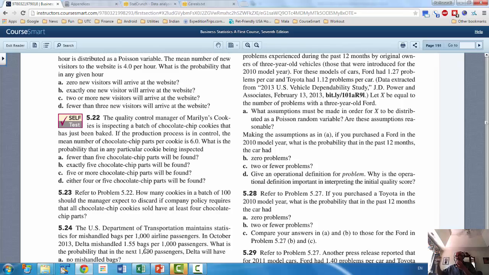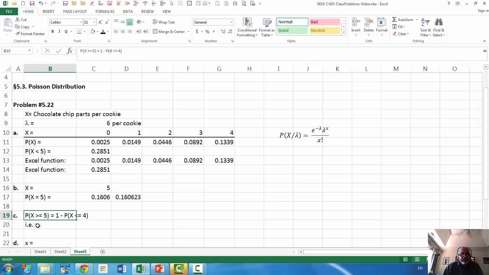So instead of trying to compute 5 or more, what we can do is look at 4 or less. 0 to 4 is the opposite of 5 or more. So we find 0 to 4 and then take 1 minus the sum of that. That will give you the probability of 5 or more. Here probability of 5 or more is 1 minus probability of x less than or equal to 4, which we already have here.